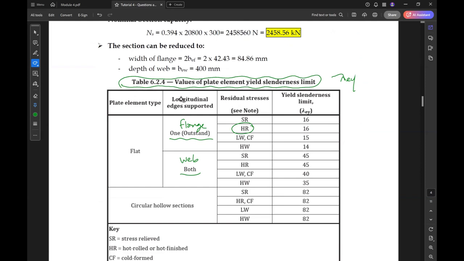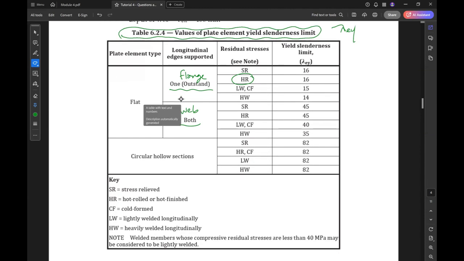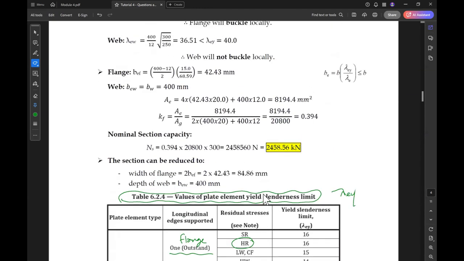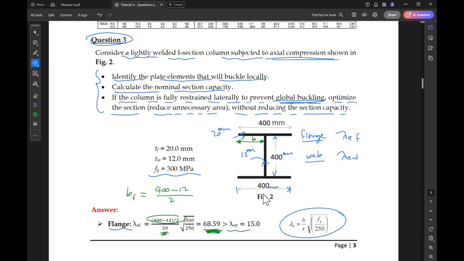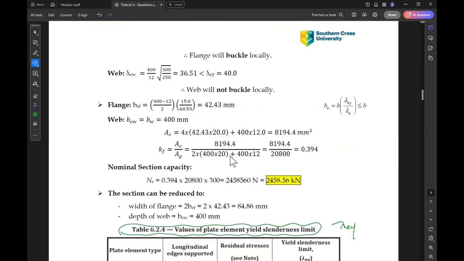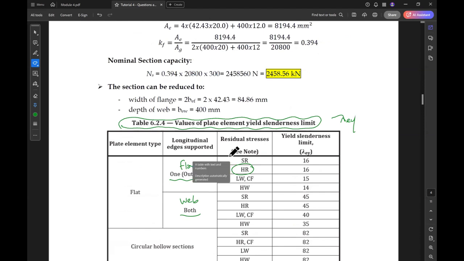So here is the trick. It is a lightly welded I-beam. So lightly welded, not hot rolled. So if it's lightly welded, it is the second one or the next one. So how much is lambda ey? 50.